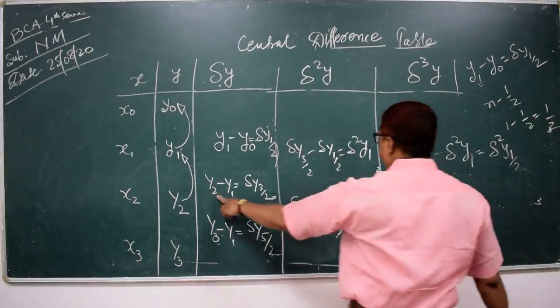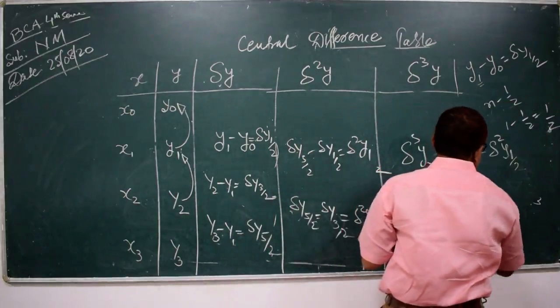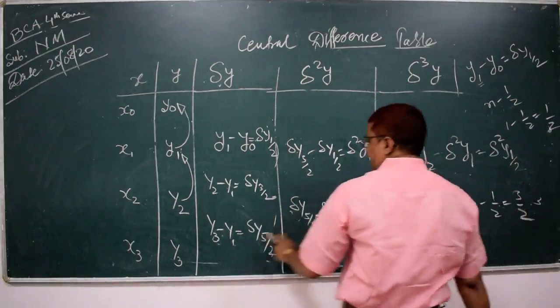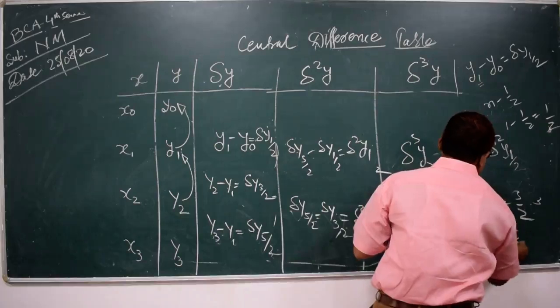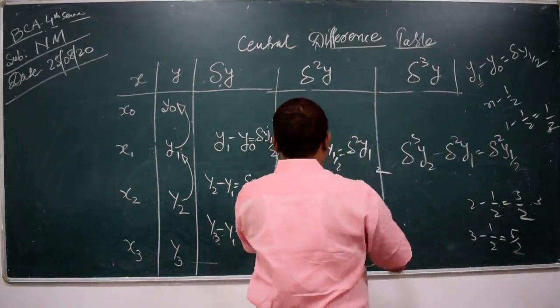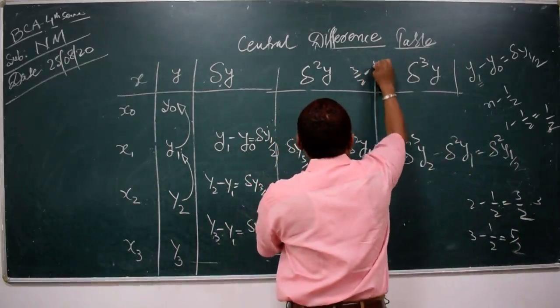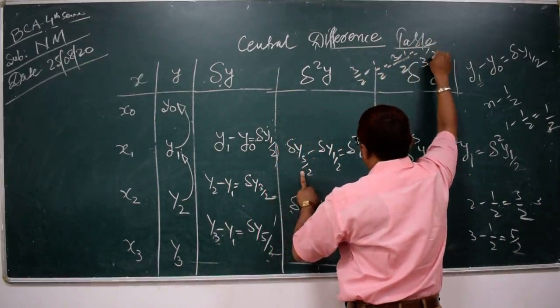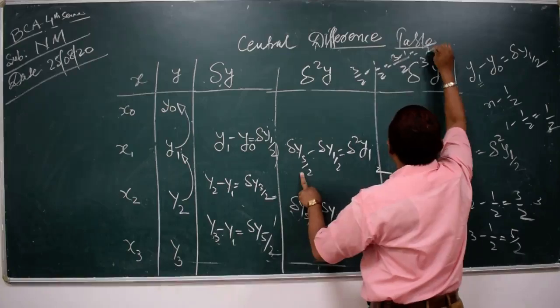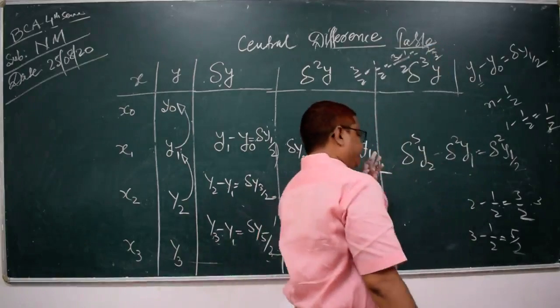Here n is 2, 2 minus 1 by 2, 3 by 2. Here n is 3, 3 minus 1 by 2, 5 by 2. Similarly, for 3 by 2 minus 1 by 2, take the LCM: (3 minus 1) by 2, which is 1, and so on.